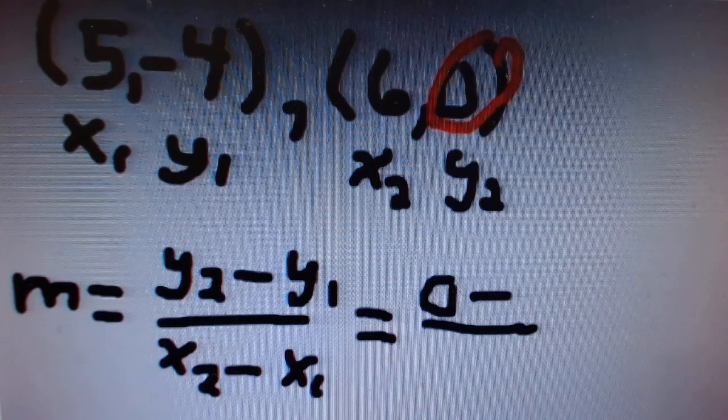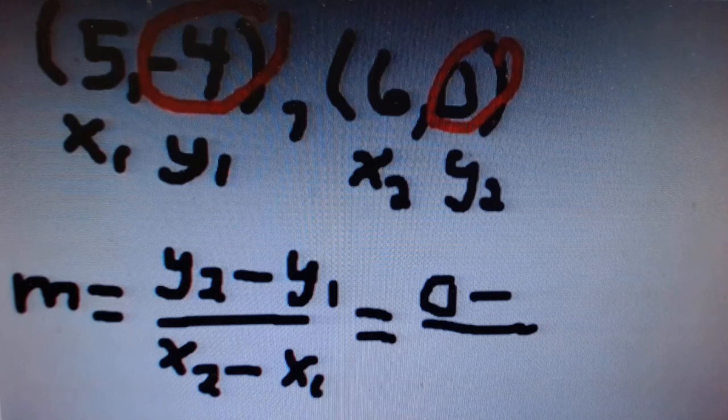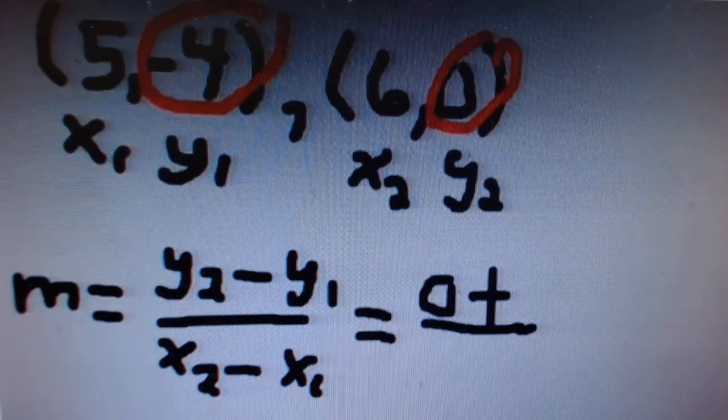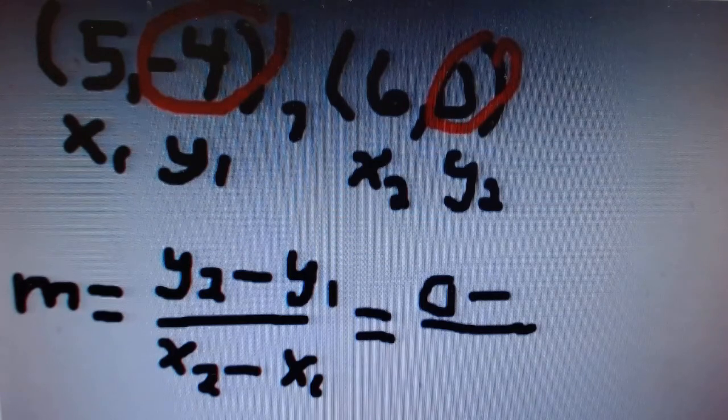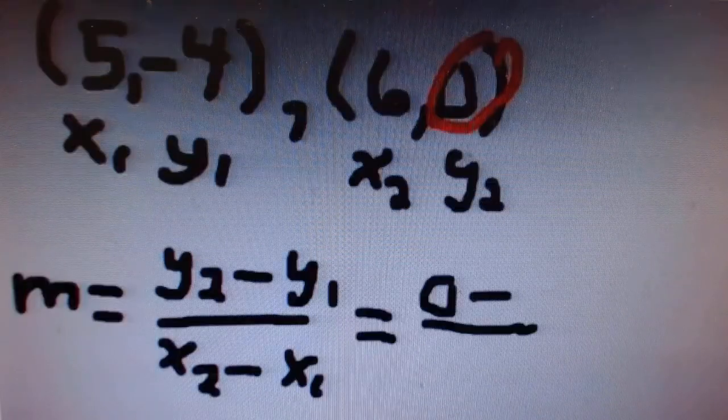Then I'll look for y1. y1 is -4, and I'll place y1 in the formula. This is important because y2, remember, was 0. Minus is part of the formula, and remember that y1 was -4.